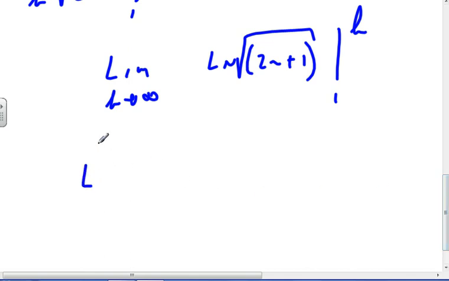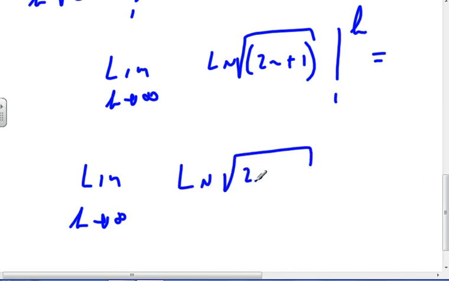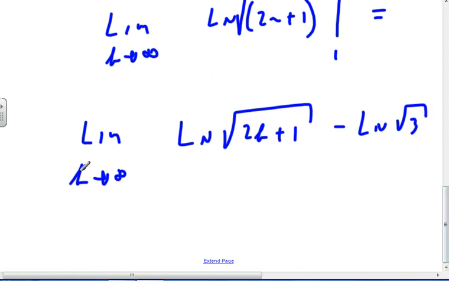So I got limit b goes to infinity, natural log square root of 2b plus 1 minus the natural log of square root of 3. Well, the limit as b goes to infinity of the natural log of 2b, this guy goes to infinity, therefore we're going to diverge.